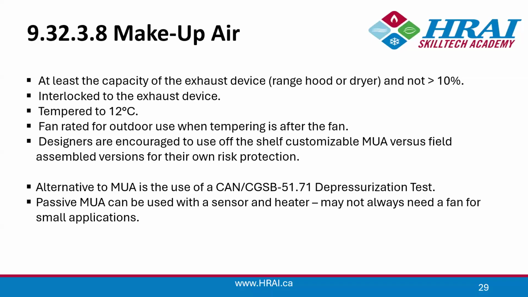One comes on, it tells the other one to come on. And you'll need to temper that makeup air to 12 degrees Celsius. If you're using a fan, you will need to make sure it's rated for outdoor use if the tempering takes place after the fan.